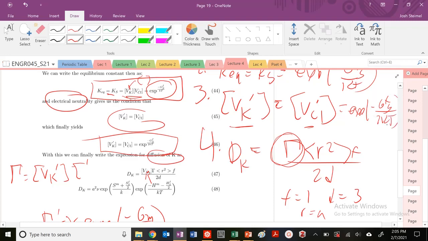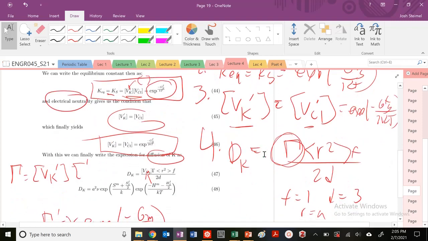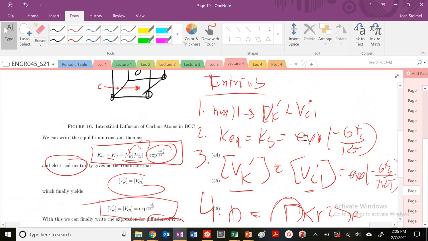Because again, all I'm doing is, right here, once I have my electroneutrality equation, I could plug back in to this expression right here and get, excuse me, this should be this value right here. So once I know that these are equal, I can plug back into here and then get this expression.